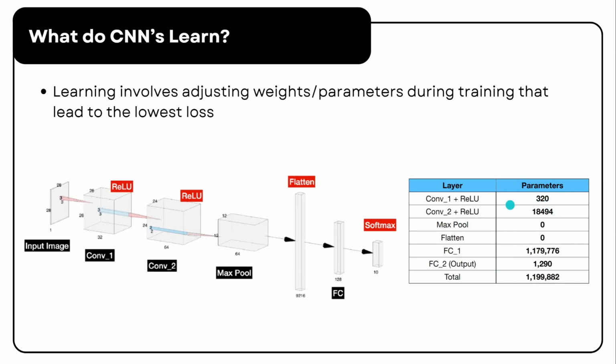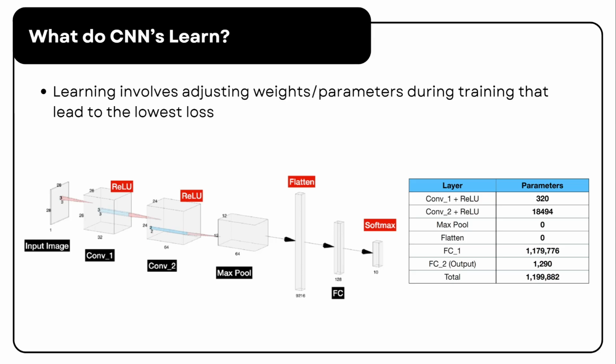320 parameters in the first convolutional layer and 18,494 for the second convolutional layer.